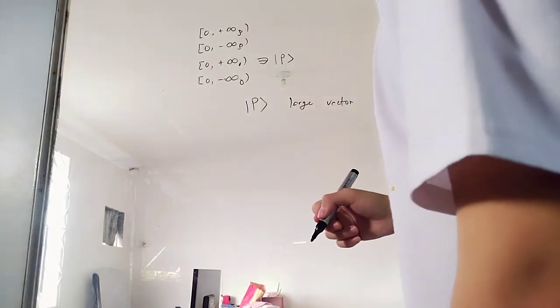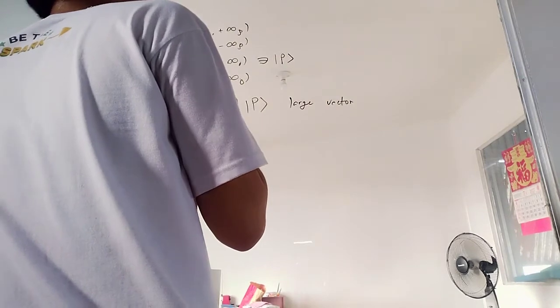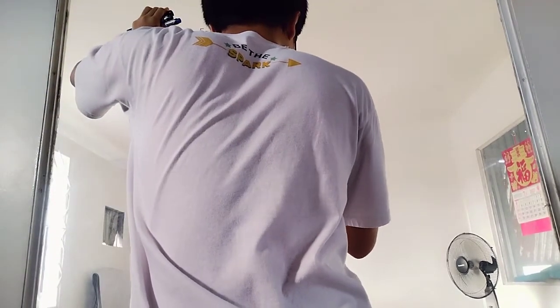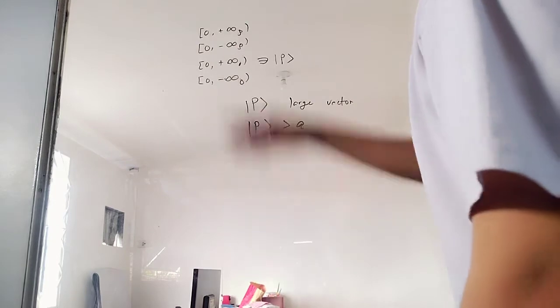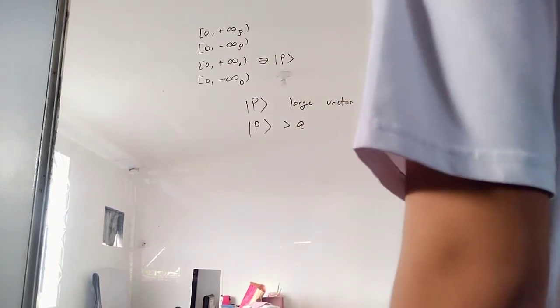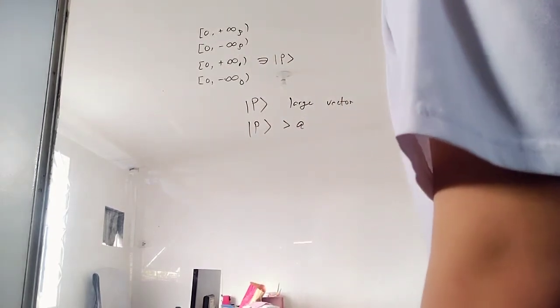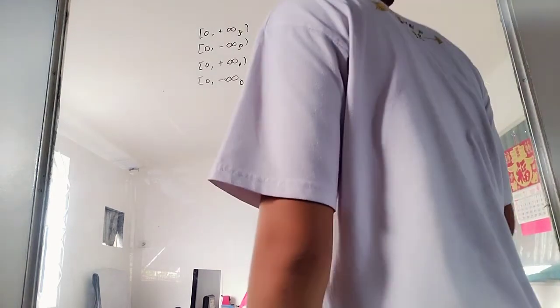Let's say that P is beyond our defined median. P is bigger than A, wherein A is our median, the thing we split to determine minimal and maximal dominant equal. So first, P is a large vector and P is greater than A.